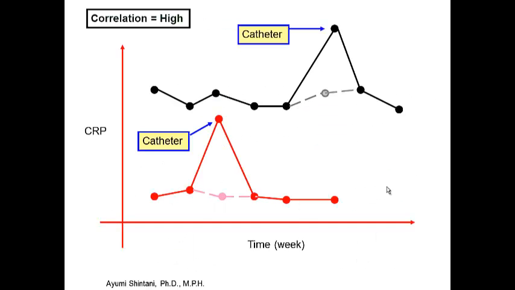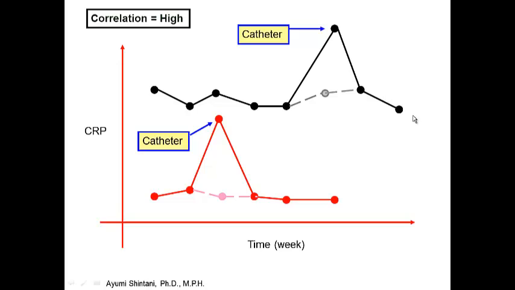I want to convince you of this point because it is very important. This is the data set, and I'm using CRP as an example. These black dots come from a single patient in the hospital, whose CRP level is measured every day.